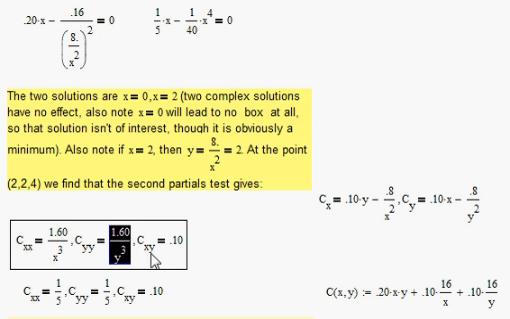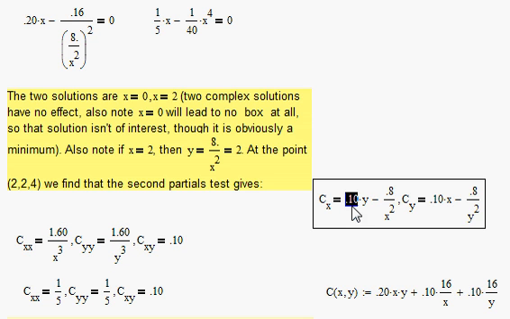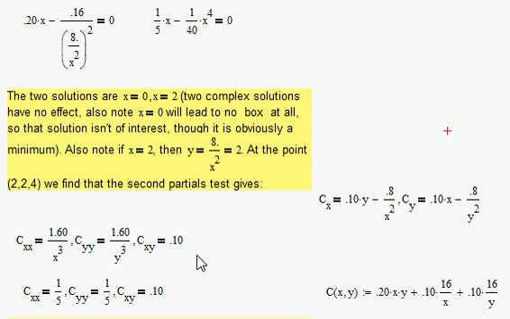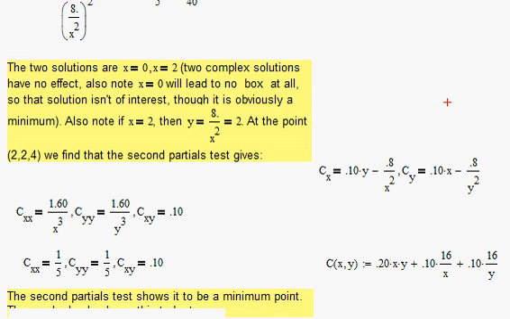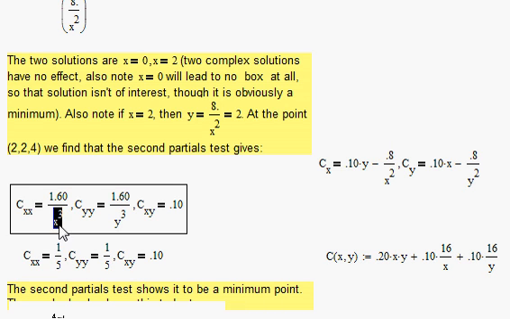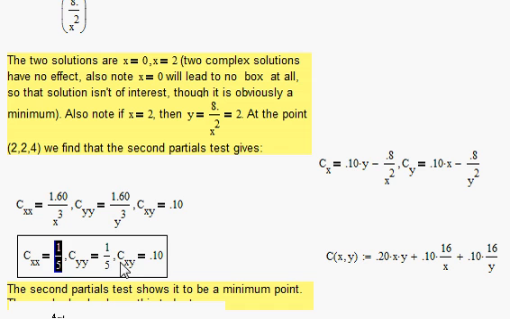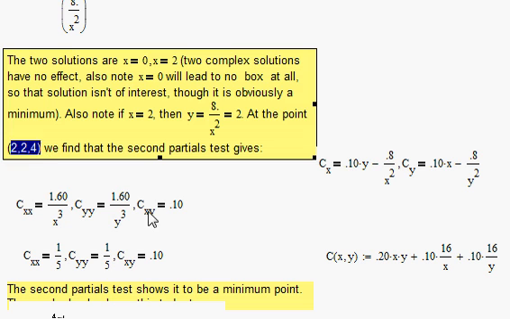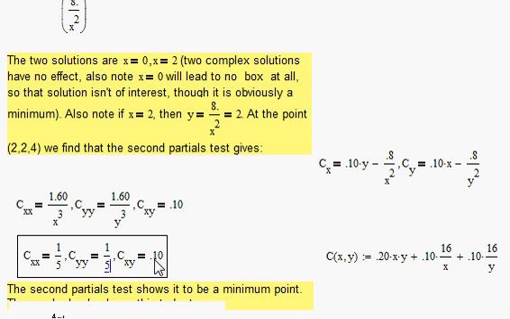Similarly, the second partial with respect to y is 1.6 over y cubed, and the mixed partial of this with respect to y is 0.10, of this with respect to x, 0.10, just as we suspected. We have a theorem on that, after all. So put in the 2, so it's 1.6 over 8. So the second partial with respect to x is 1/5. The second partial with respect to y at the point (2, 2) is also 1/5, and the mixed partial is 0.10.